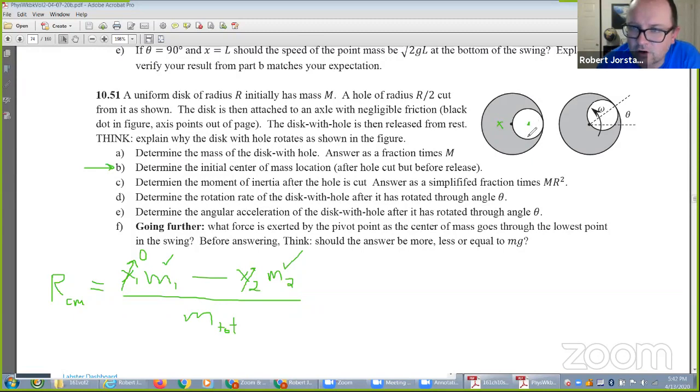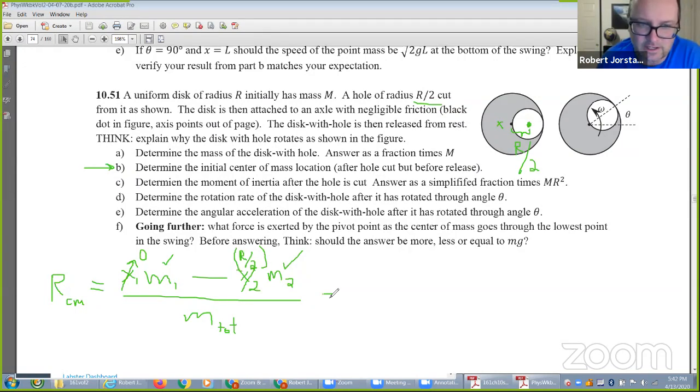Isn't that just R over 2? Because it tells me right here. So this is going to be R over 2. And notice the hole is centered at positive R over 2.